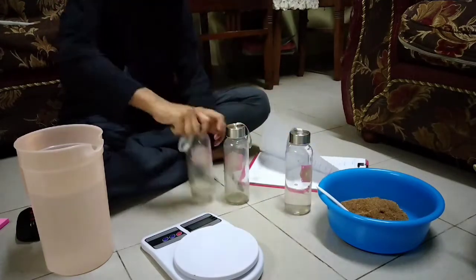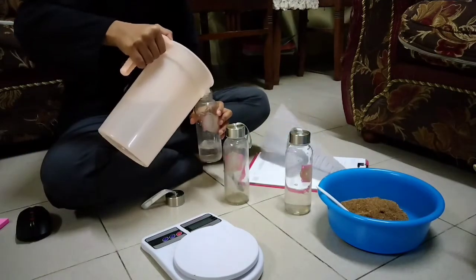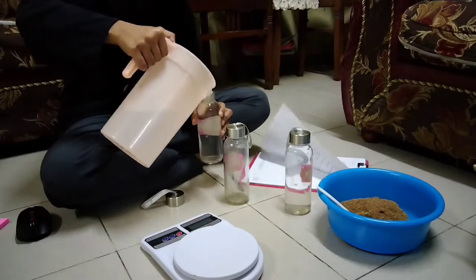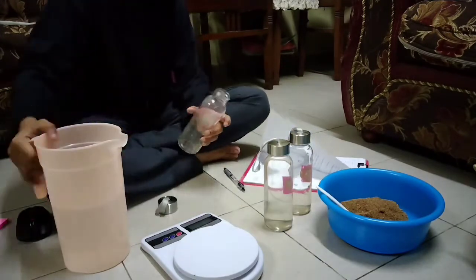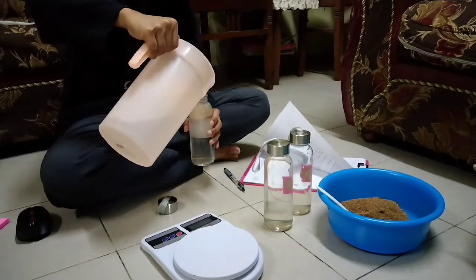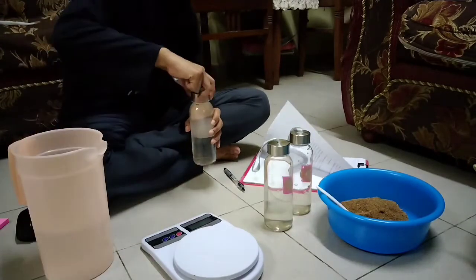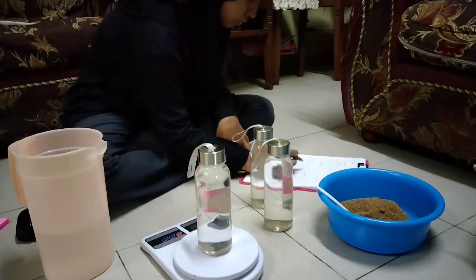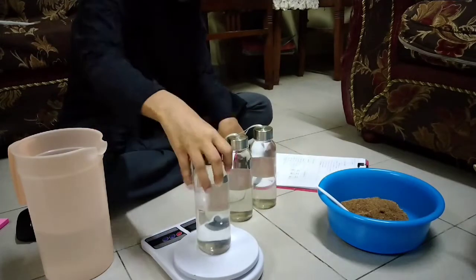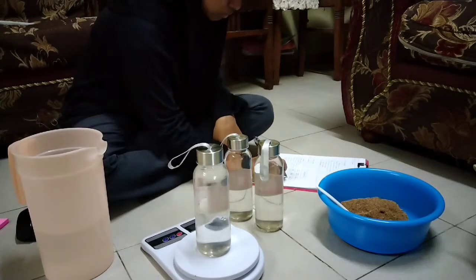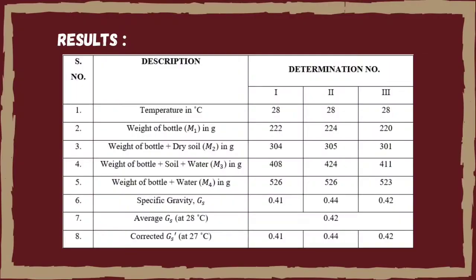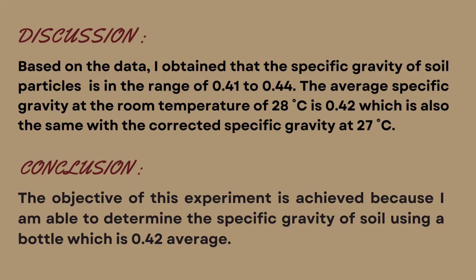Then we need to put the water until full and then weigh the bottle and record the mass. So these are the results that I got from the experiment and the discussion.